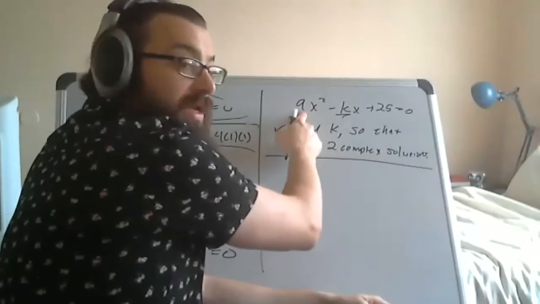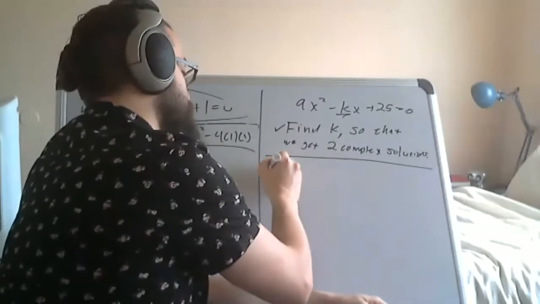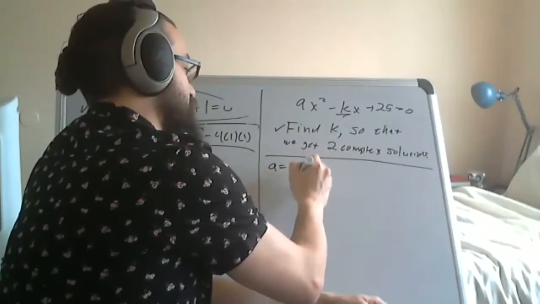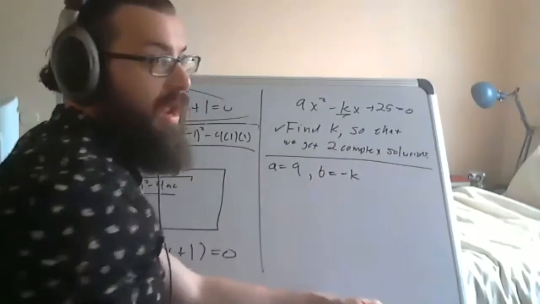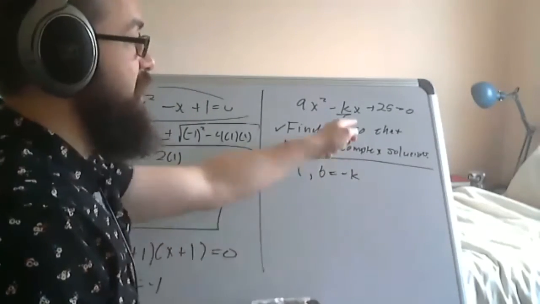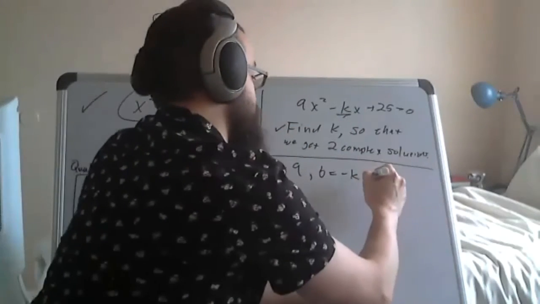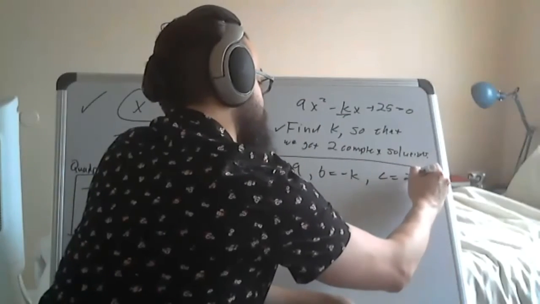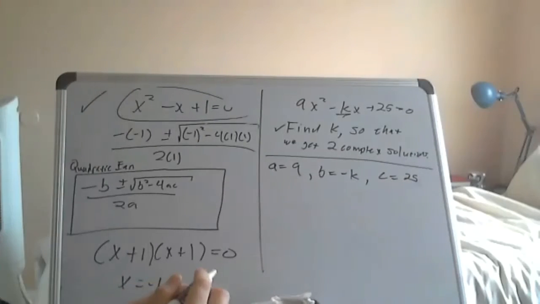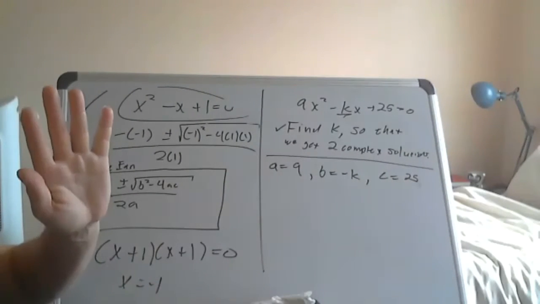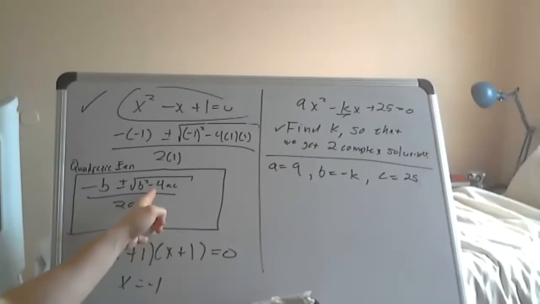In this problem, our A equals 9, our B equals negative k, that's the thing attached to the x, and our C equals 25. Now we look at the discriminant, which remember, is the thing under the radical in the quadratic equation.